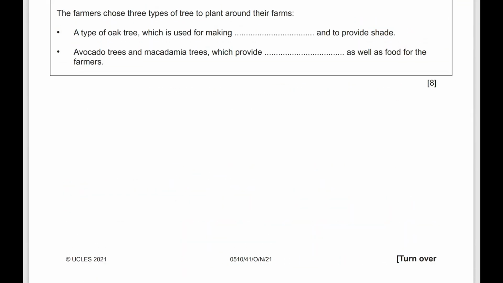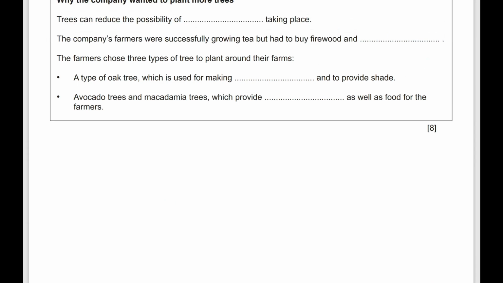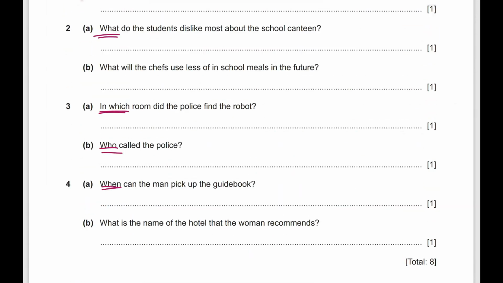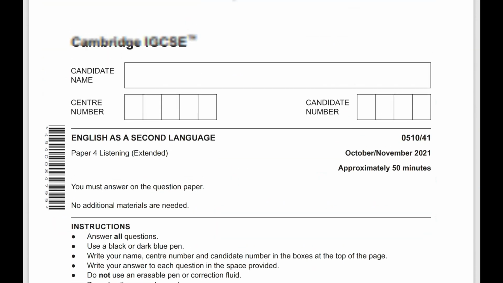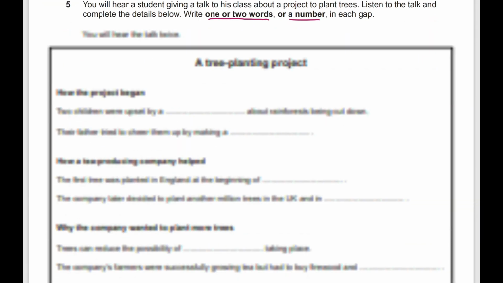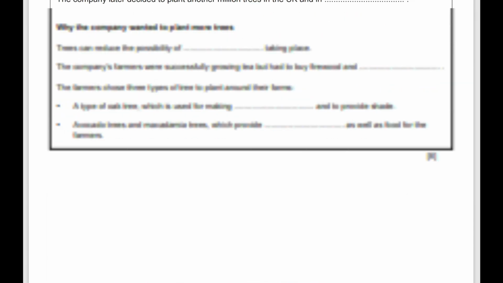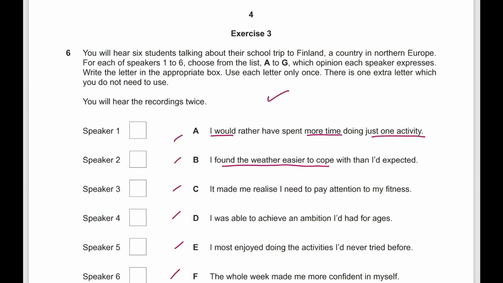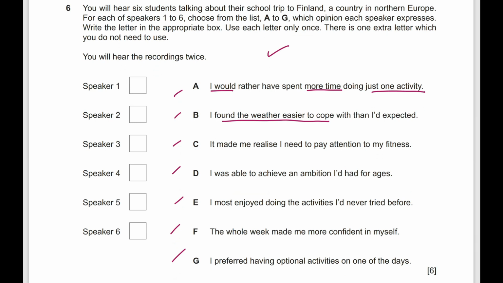If you have to change an answer in exercise 3, let us go to exercise number 3, the matching. If you want to change an answer in exercise 3, speakers 1 to 6, and you wrote A here, don't write over it this way.